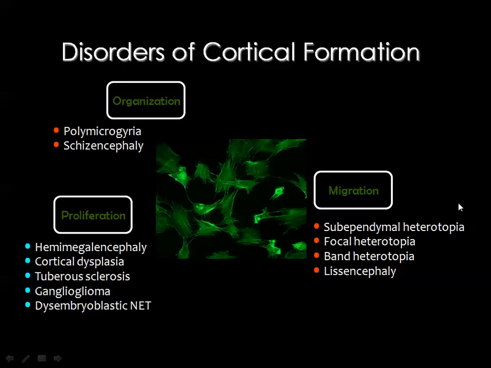In the stage of migration, you can be faced by subependymal heterotopia, nodules in the wall of the ventricle, focal heterotopia, mass of gray matter within the white matter, band heterotopia, which is the double cortex, and lissencephaly, which is a smooth brain without gyri. Then organization of the cells at the final destination. If there is any abnormality, you can get polymicrogyria and schizencephaly.